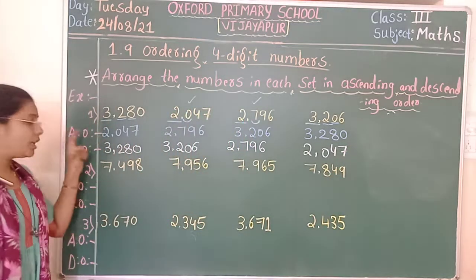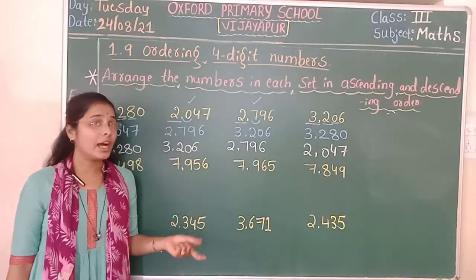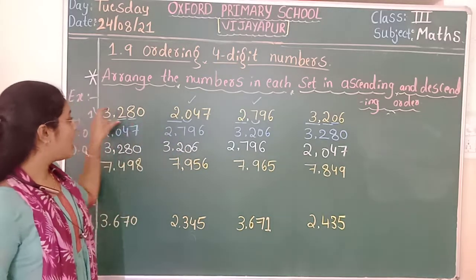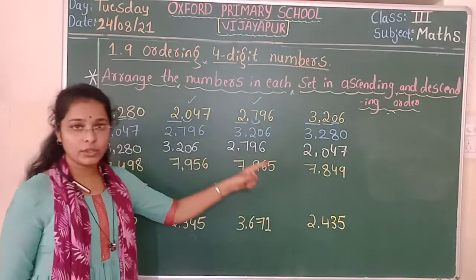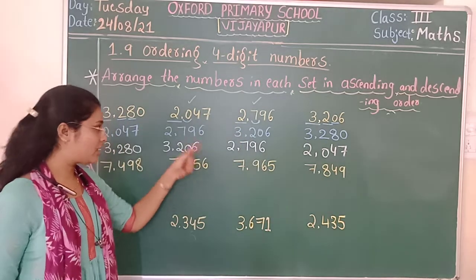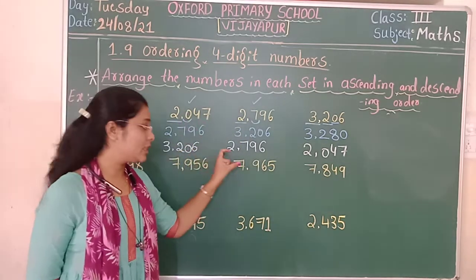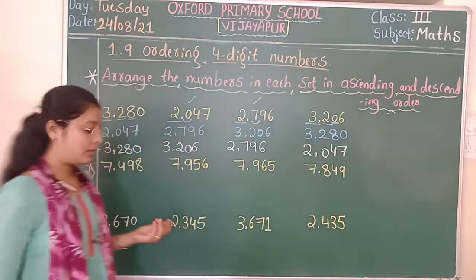If you wrote the ascending order correctly, you will get the descending order very easily. Otherwise, observe the digits: which is the biggest, write it first. Leave that one. In the remaining 3, which is the biggest, write down next. And of the remaining 2, write the bigger, and the last is the smallest number.